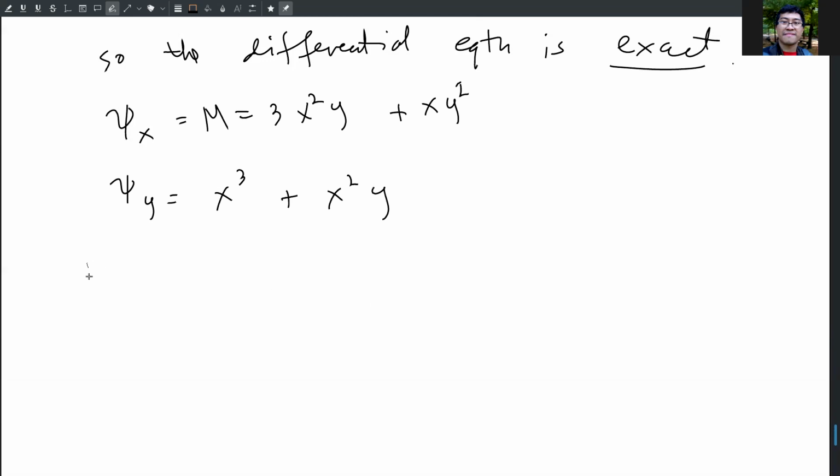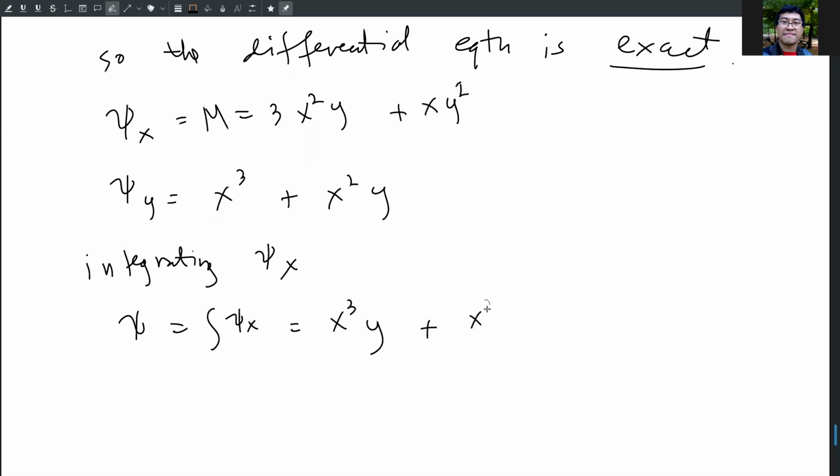Integrating psi sub x, we get psi equals, so we take the integral of psi sub x. You have here 3x squared becomes x cubed, so that's x cubed times y, plus x squared over 2 times y squared, plus an arbitrary function h of y.